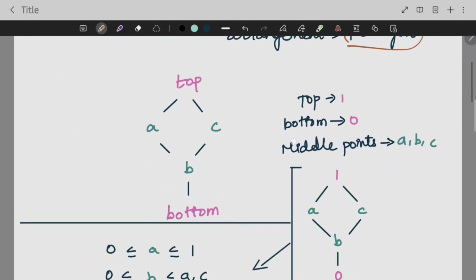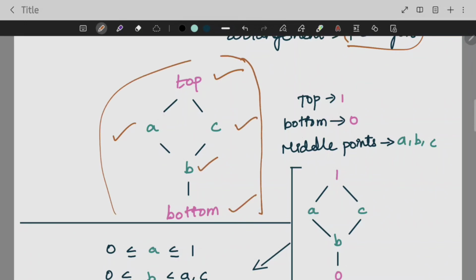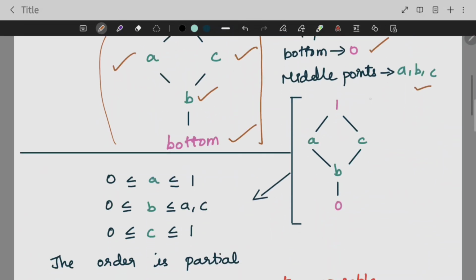Now let's see its structure: top, a, c, b and bottom. This is the basic structure of the Pentagon lattice. Now let's label the elements: top is 1, bottom is 0, and the middle points are a, b, c. Now the structure looks like this.